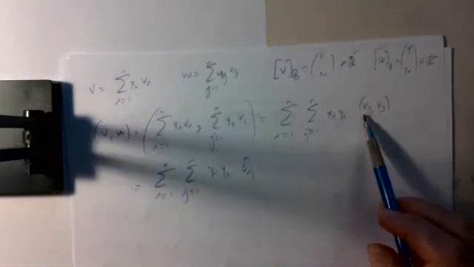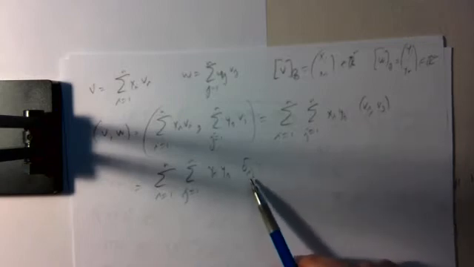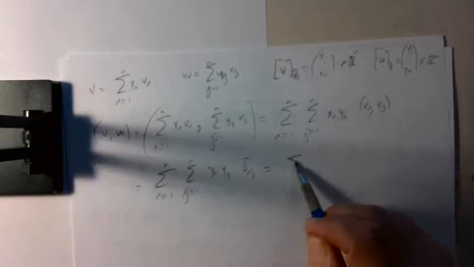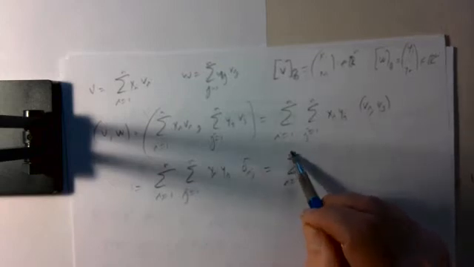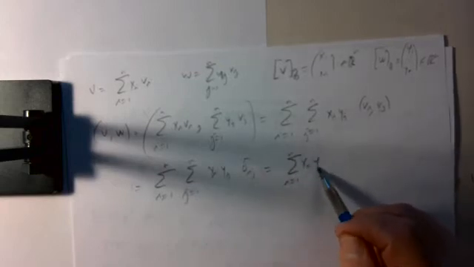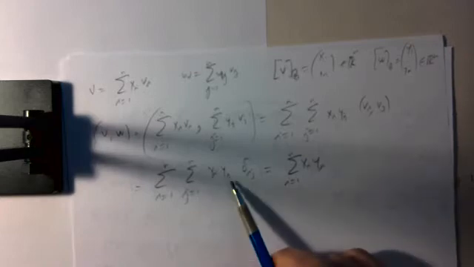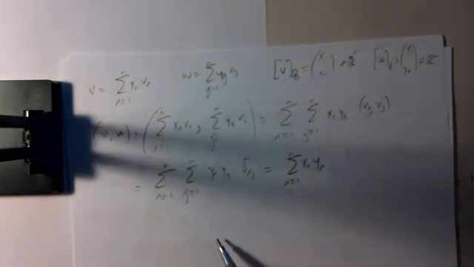Of course, this inner product of vi and vj is the Kronecker delta. And this is 0 except when j equals i. So this is just the sum i goes from 1 up to n, xi yi. All the terms with j different from i disappear.